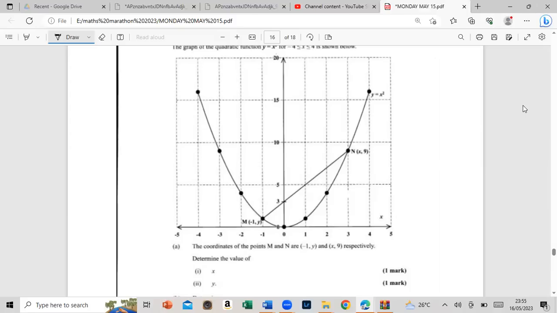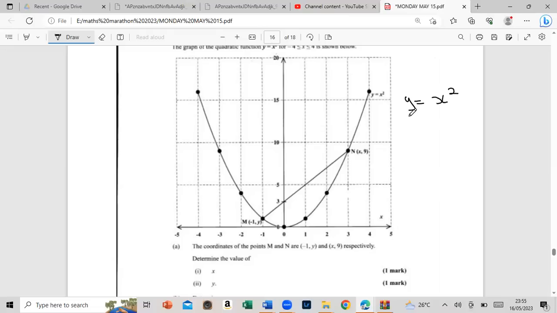The equation is y equals x squared. They give us x is equal to negative 1. So y is equal to x squared, that is the formula given, right?